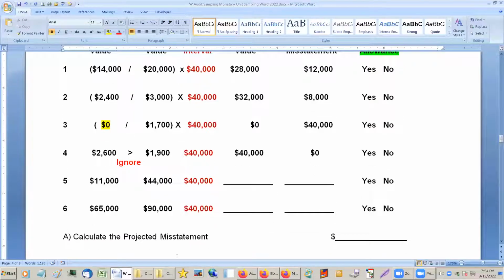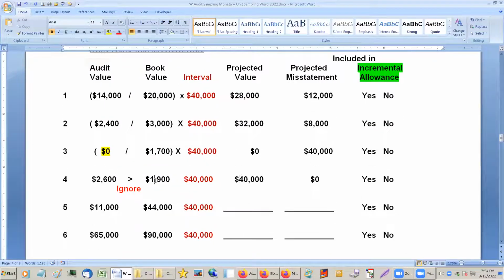If it's 1 or 2, depending on how big your sample is, it's a judgment call. But if a lot of these are understated, then absolutely, change the method, or at least run an additional sampling using classical sampling. Yep. Okay, so this one, according to this method, is not a problem.